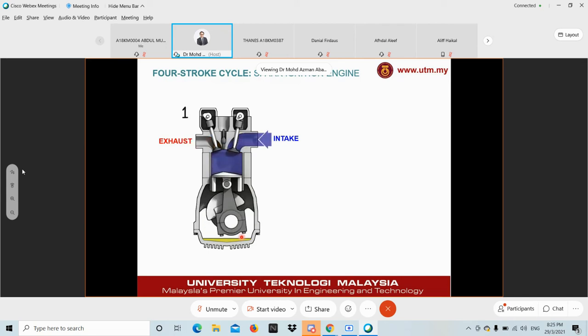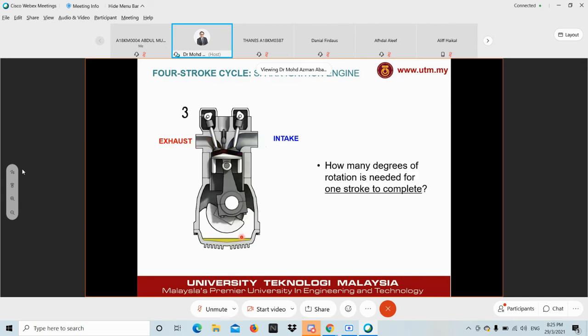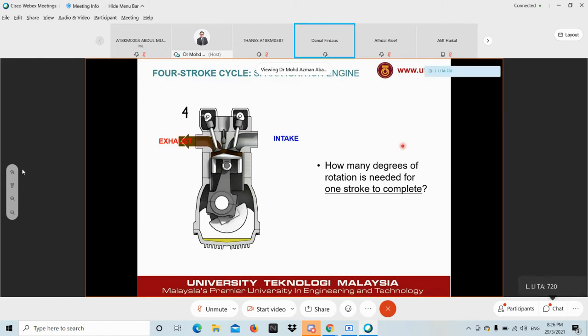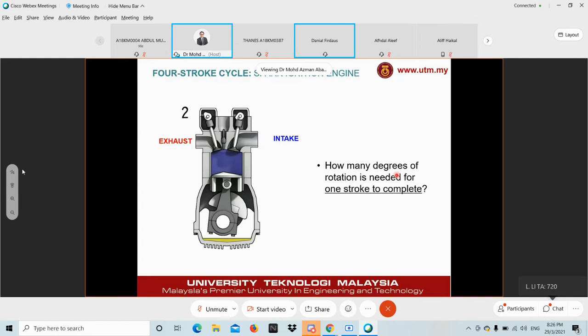Now, let me ask you, how many degrees of rotation is needed for 1 stroke to complete? Anyone? Yeah. 1 stroke is 180, not 540.